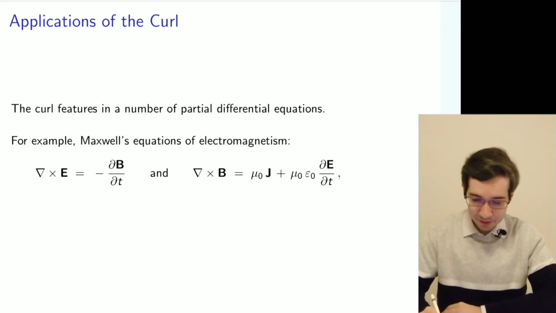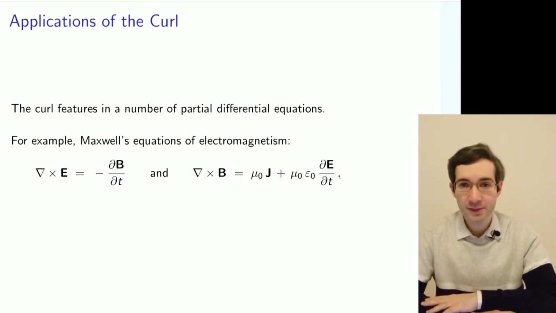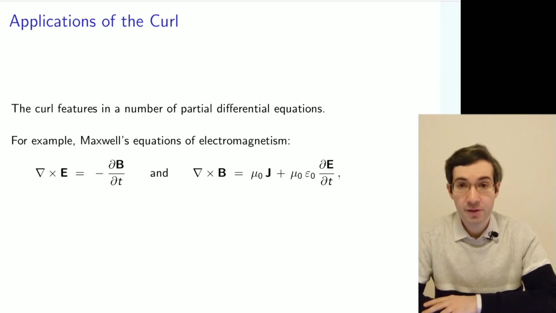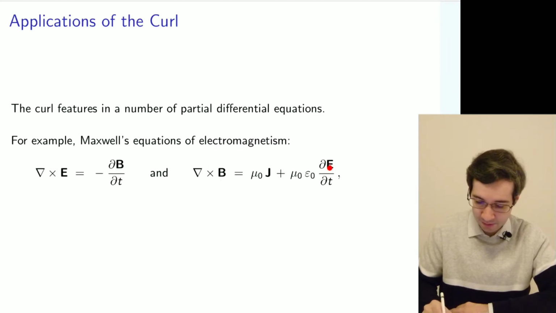So here you see two examples of where the curl is really critical to formulate fundamental equations which govern electric and magnetic phenomena. There is an equation which relates a curl of electric field to the magnetic field and the curl of magnetic field to the electric field.